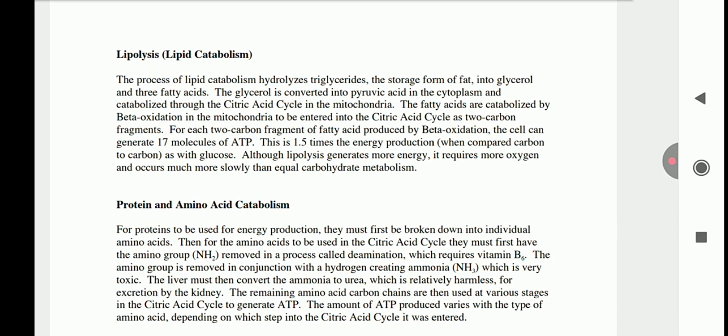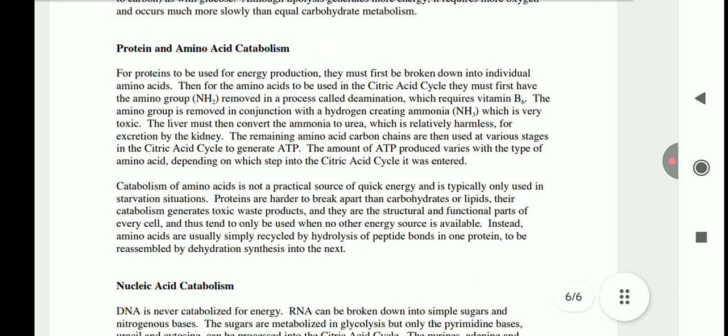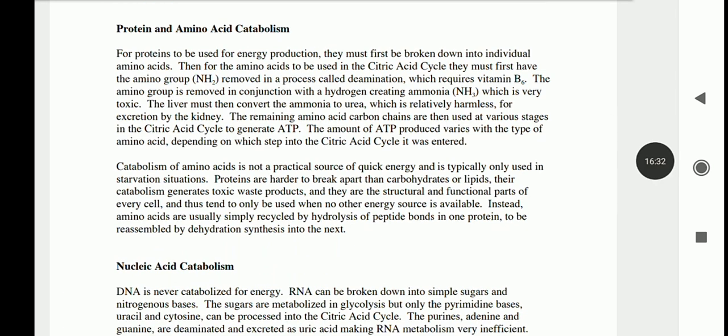Protein and amino acid catabolism. For protein to be used for energy production, it must first be broken down into individual amino acids. Then for the amino acids to be used in the citric acid cycle, they must first have the amino group removed in a process called deamination, which requires vitamin B6.